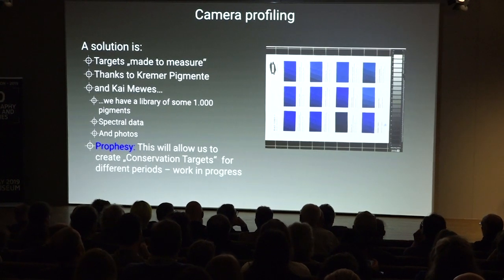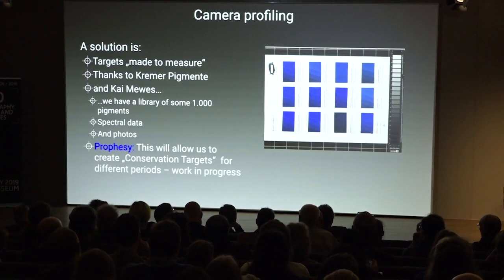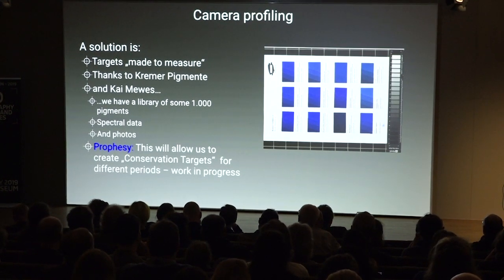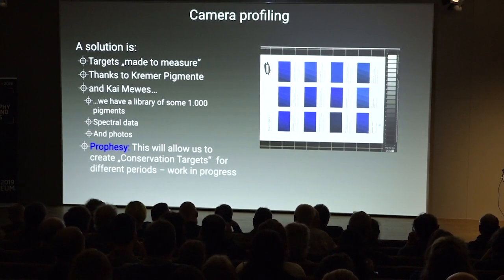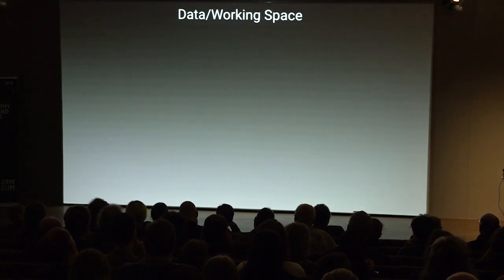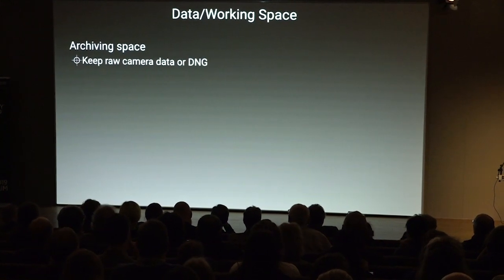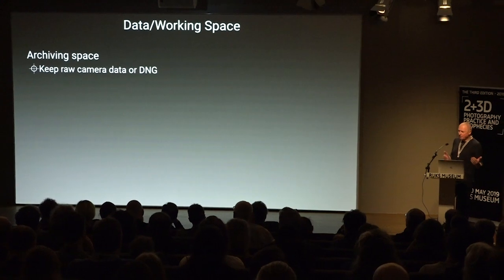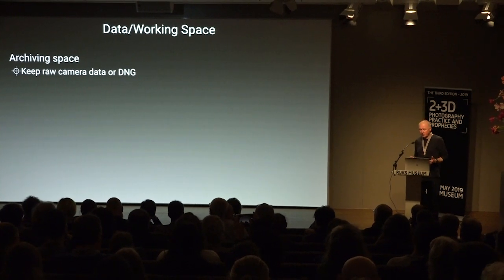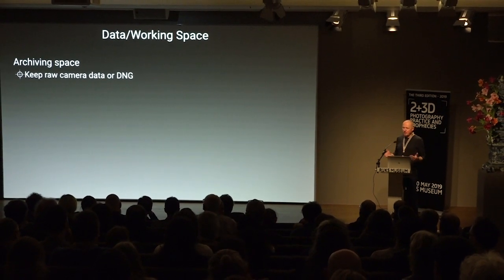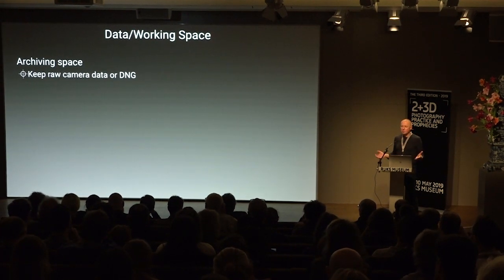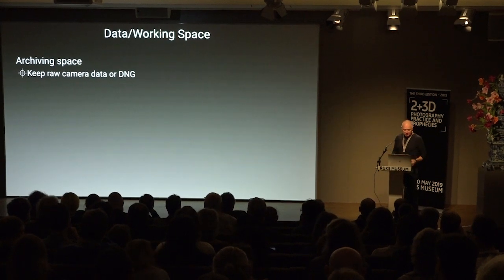Scott, thanks for this name for the targets. For different periods in time, for different periods of art, and that will allow to capture these different works of art with a trichromatic camera better than with a standard target.